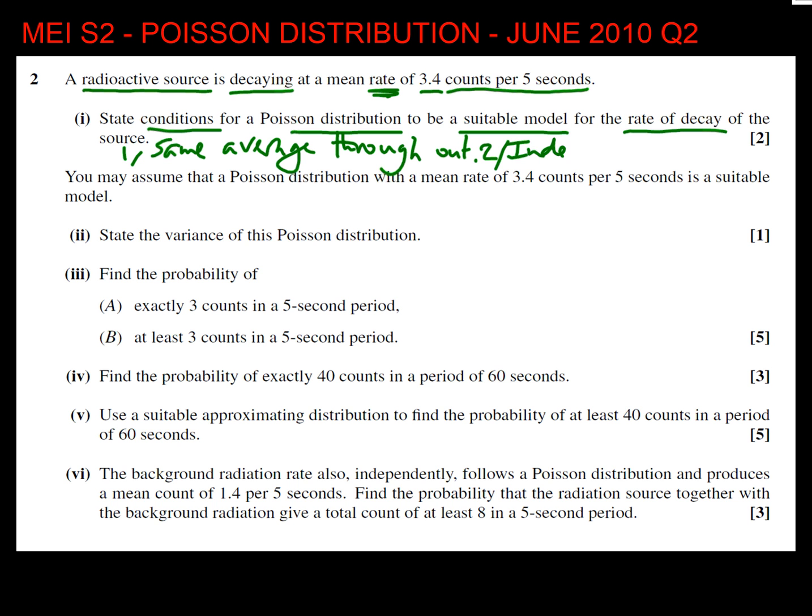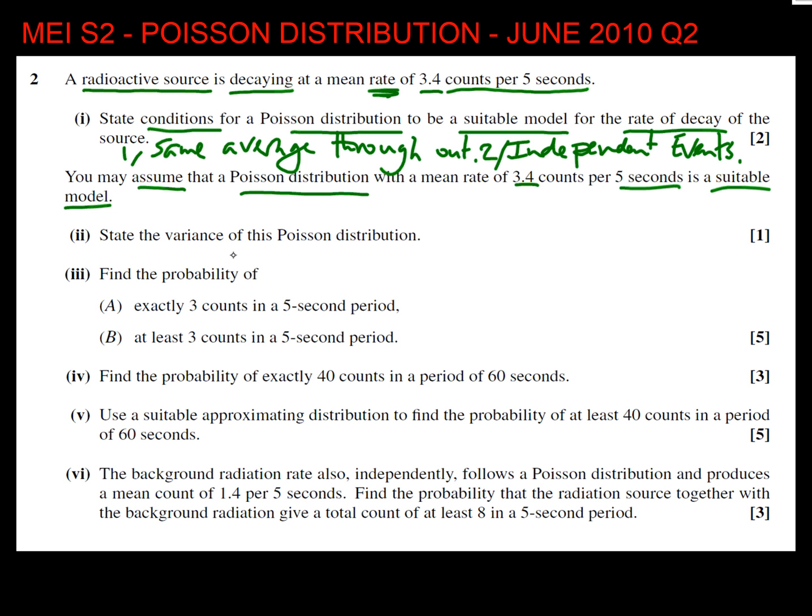We can't have one decay kicking off another one, and that's not the case in radioactivity, is it? Okay, so they then go on. You may assume that a Poisson distribution with mean rate 3.4 is suitable. So if you didn't know any better, then it is suitable.